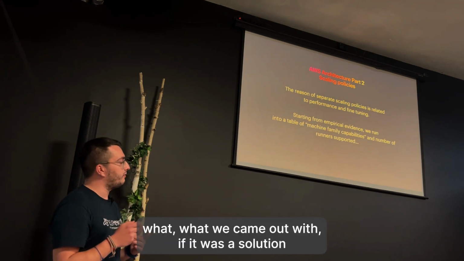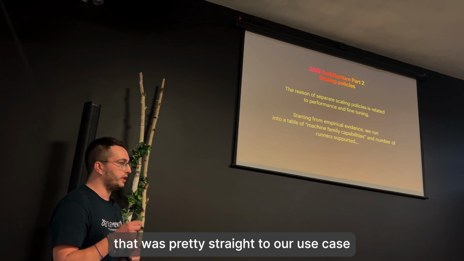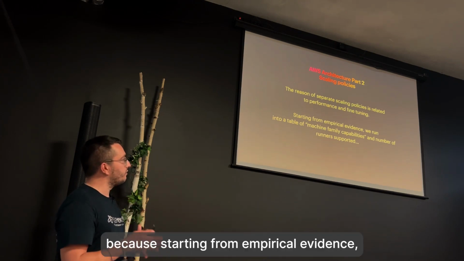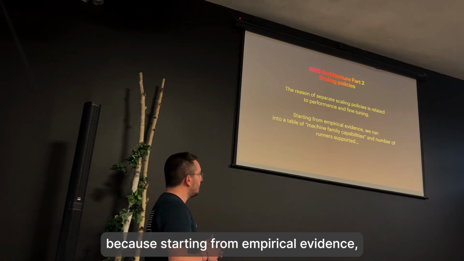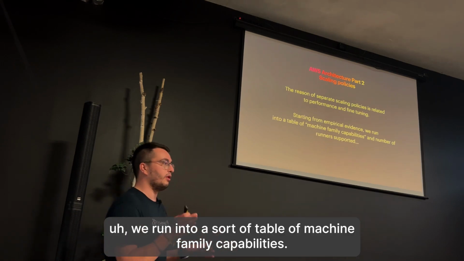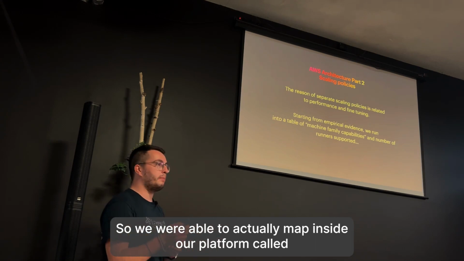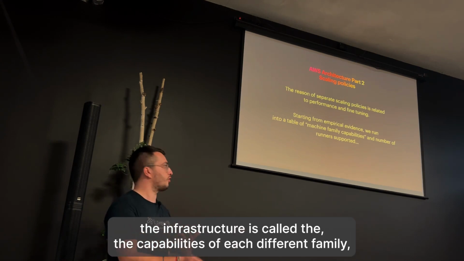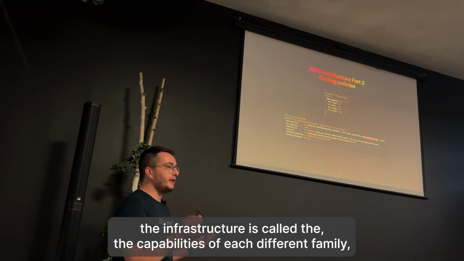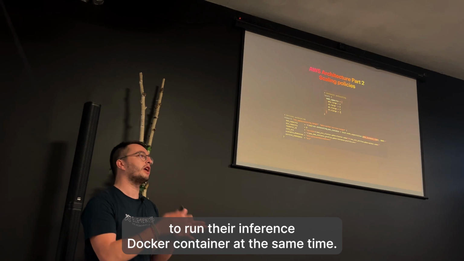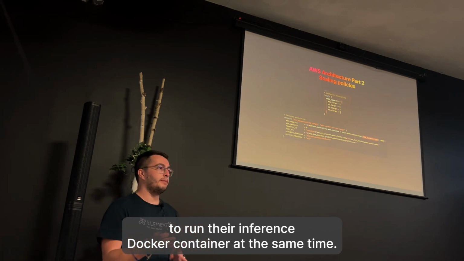And what we came out with was a solution that was pretty straight to our use case, because starting from empirical evidence, we ended up with a sort of table of machine family capabilities. So we were able to map inside our Terraform code, infrastructure as code, the capabilities of each different instance type family to run a specific amount of inference Docker containers at the same time.